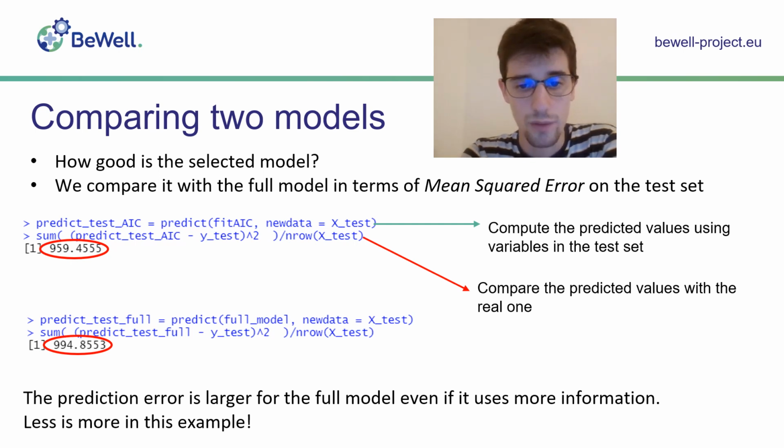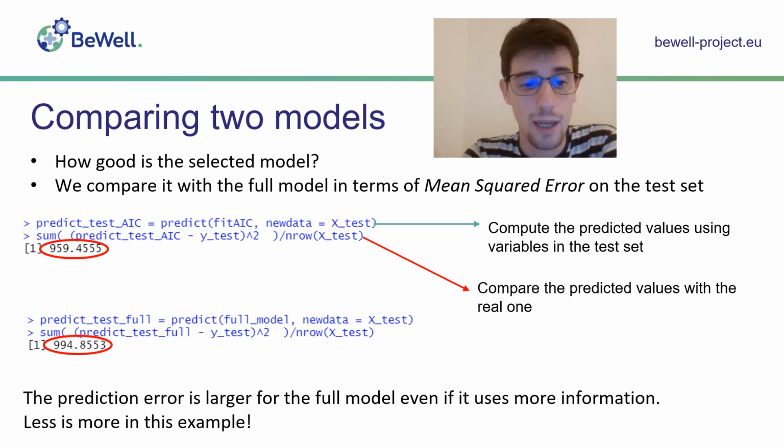As an input of such function, we pass the model we want to use for the prediction, either full_model or fit IAC, and then the new set of data that we saved previously in an object called x_test. We save the outputs that contain the predicted values, which are used to compute the mean squared error as previously explained.